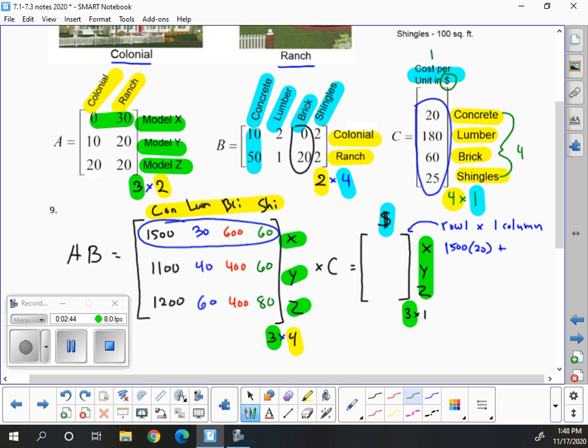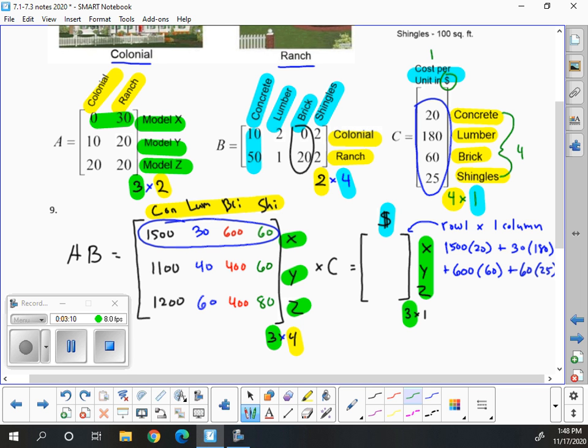The next one would be 30 units of lumber at $180. The next one would be 600 units of brick at $60. And the last one would be 60 units of shingles at $25. So those are the prices for the materials for all the Model X homes.